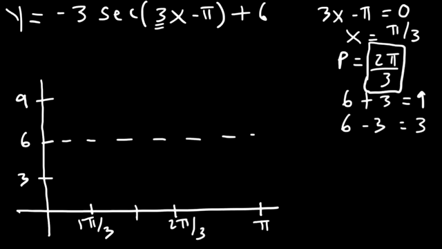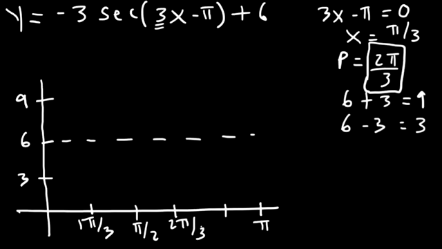Now what's between pi over 3 and 2 pi over 3? What's halfway of that? So what you can do is add them. Pi over 3 plus 2 pi over 3 is 3 pi over 3, which is pi, and then divide by 2. So that's pi over 2. Pi over 3 is 60 degrees, 2 pi over 3 is 120, pi over 2 is 90. 90 is between 60 and 120.